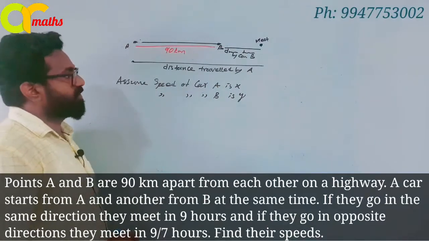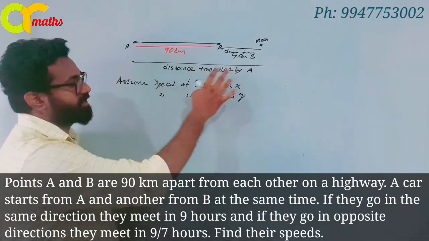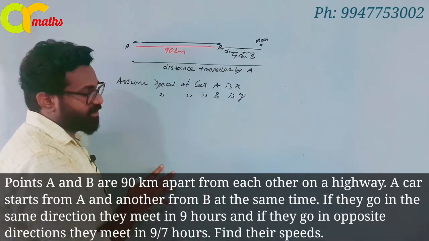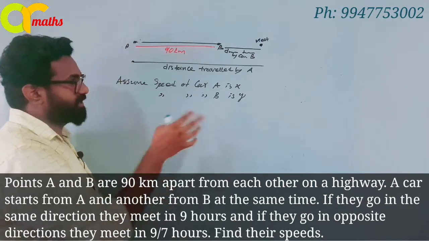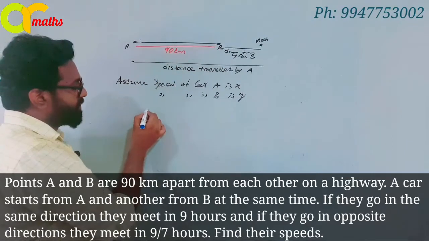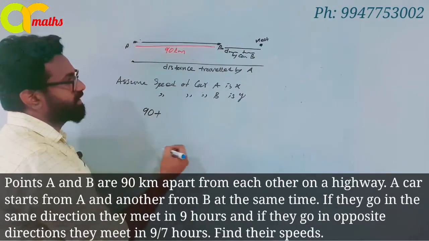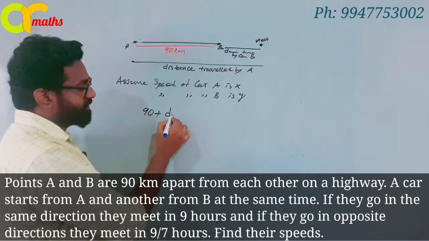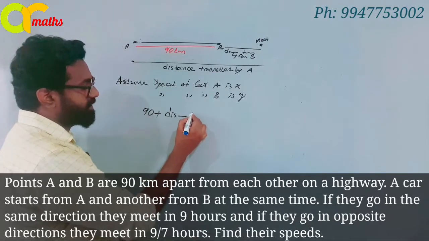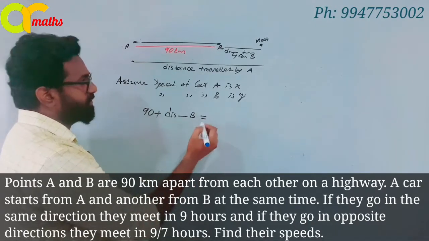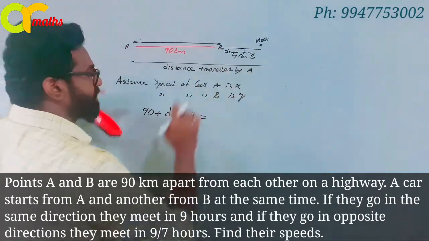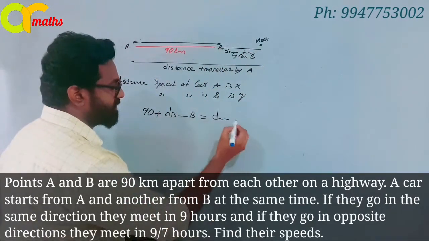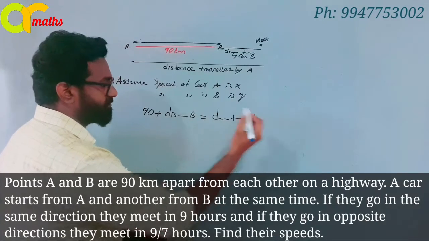Then what is the distance travelled by A? The distance travelled by A is speed into time.